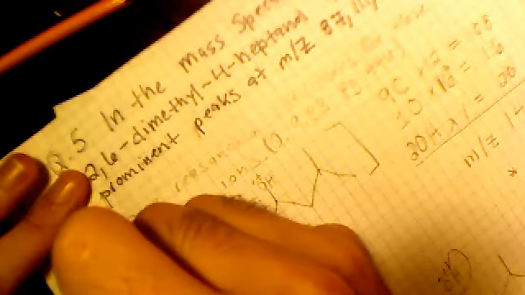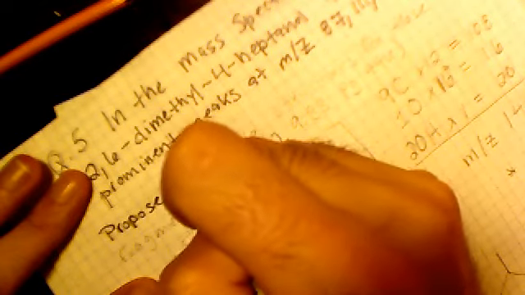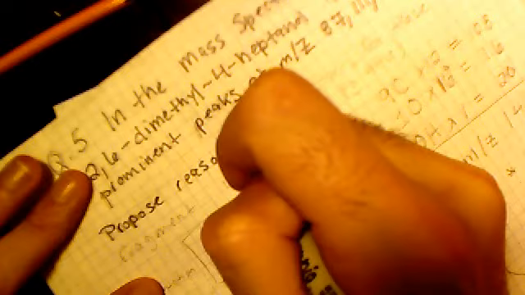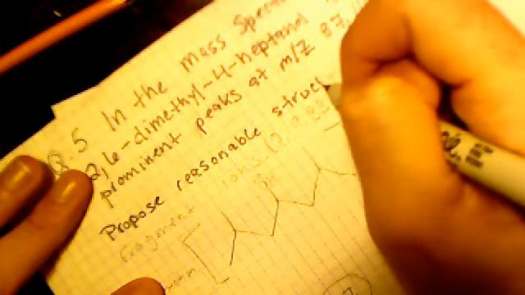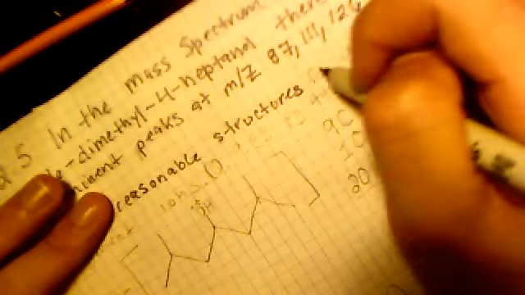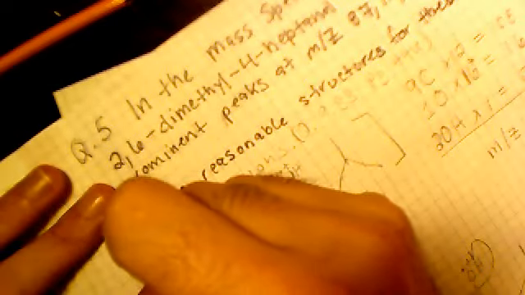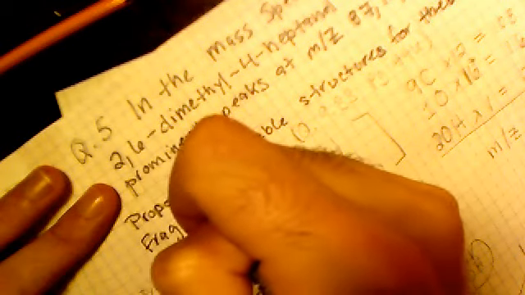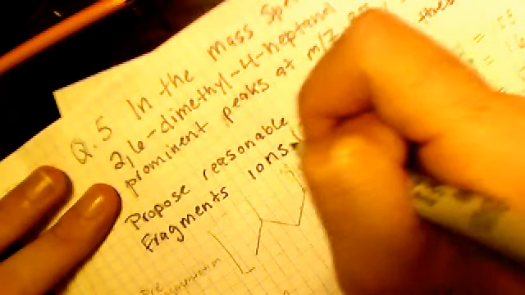Alright, so it says, propose reasonable structures for these fragment ions, okay, because they're ions.